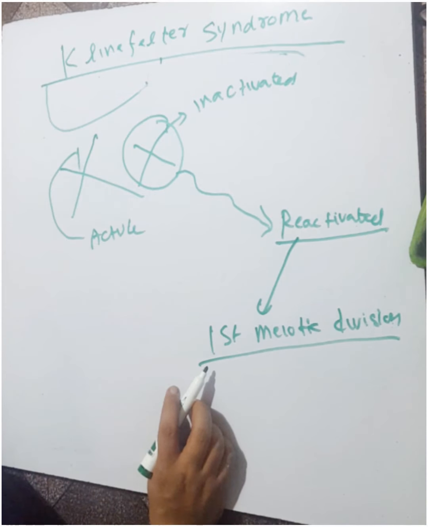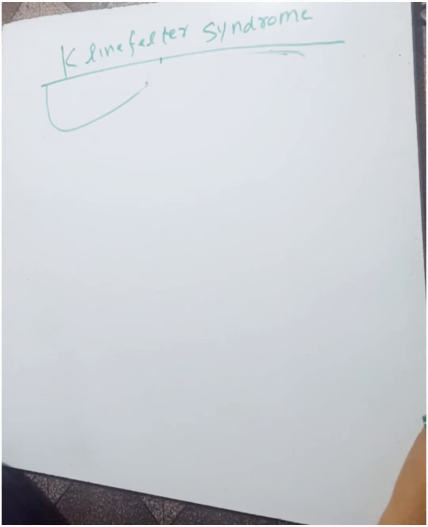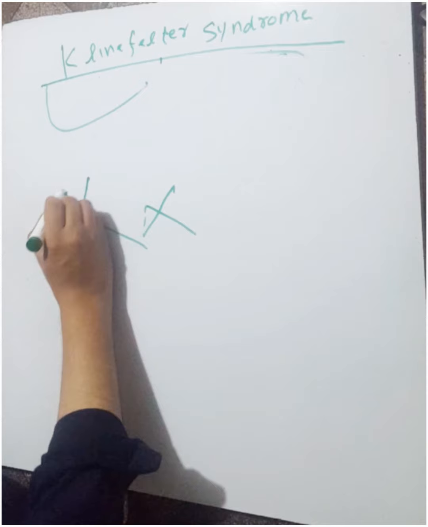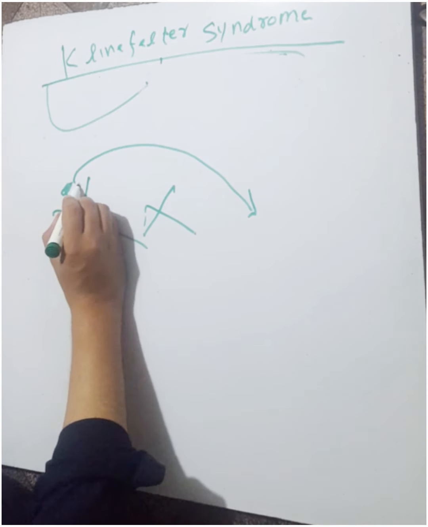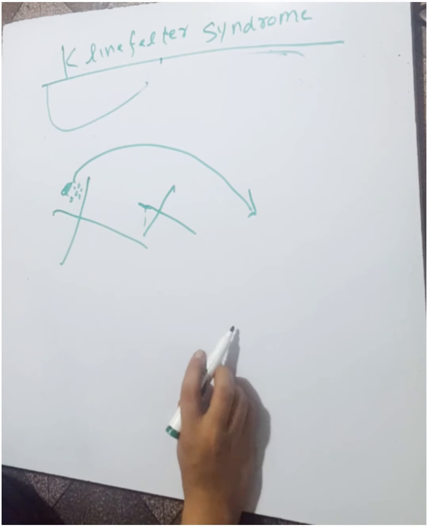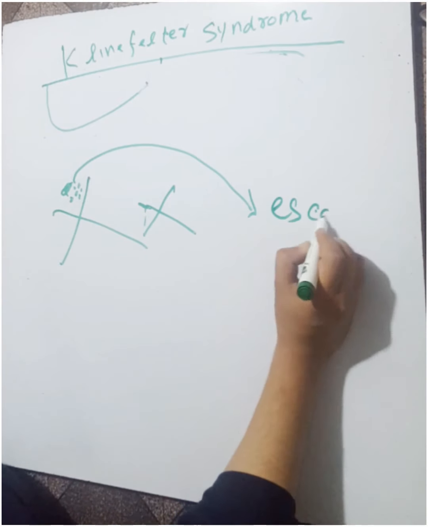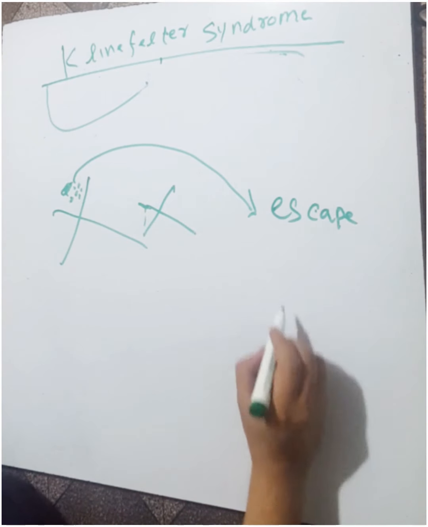We also know that if there are two X chromosomes, one of paternal origin and one of maternal origin, they become inactivated in early embryogenesis, but some genes escape from the inactivated X chromosome.